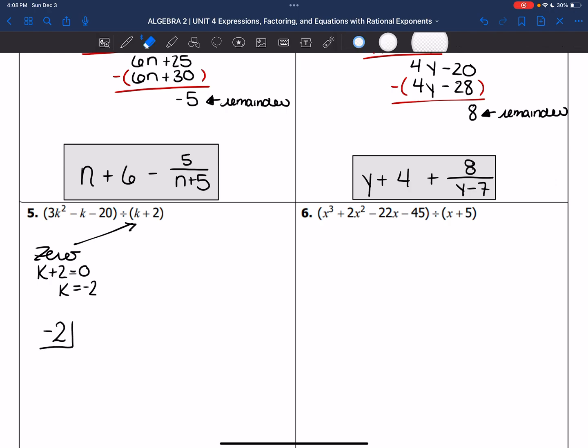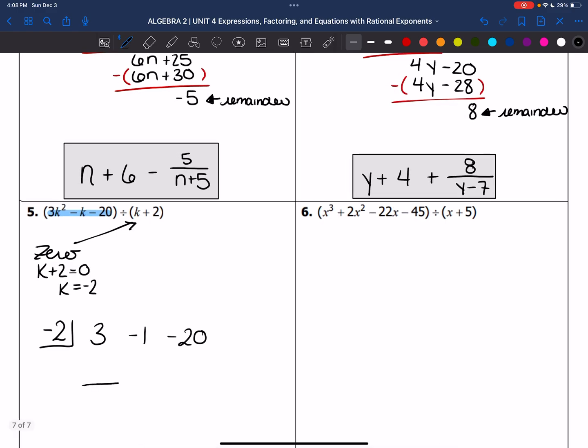And then I'm going to look at the coefficients of my dividend here. The first one is a 3. The second coefficient is a -1 because it's negative and I don't actually see it, but I know it's there, an almighty 1. And then last of all, a -20.